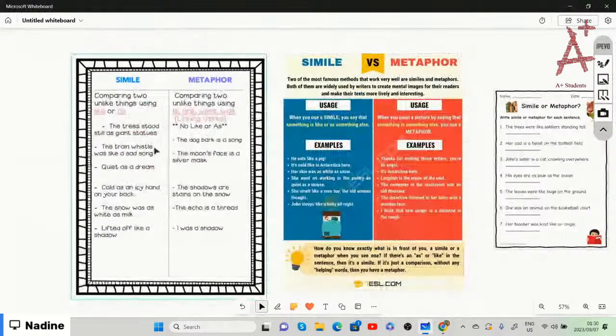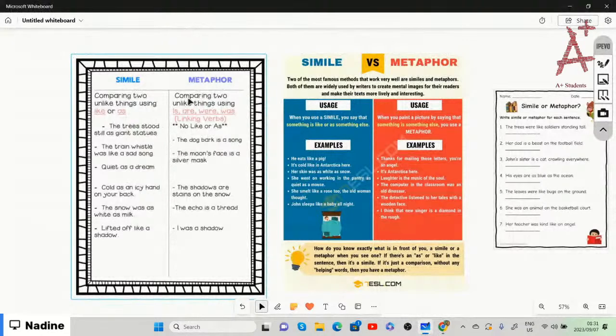So on the left hand side, we have similes and the meaning of similes, and on the right hand side, we have the meaning of metaphors. Similes are comparing two unlike things using the words like and as, right?